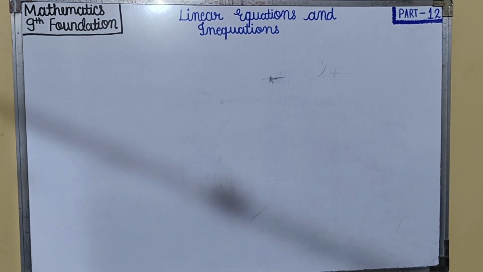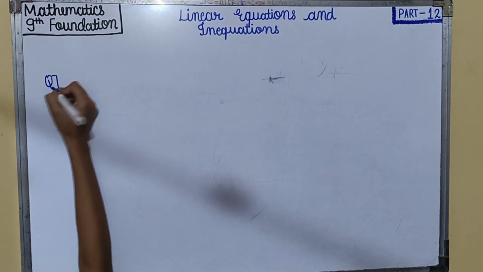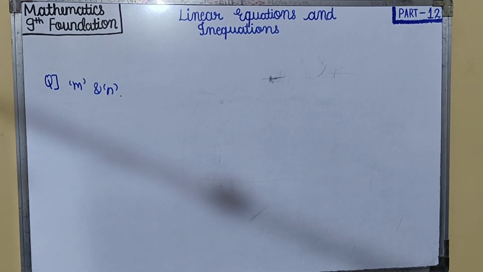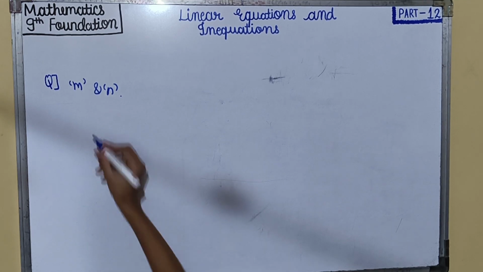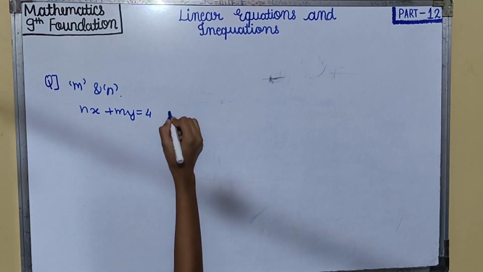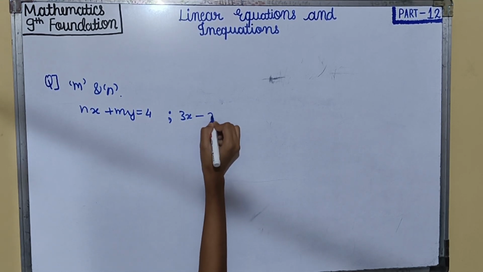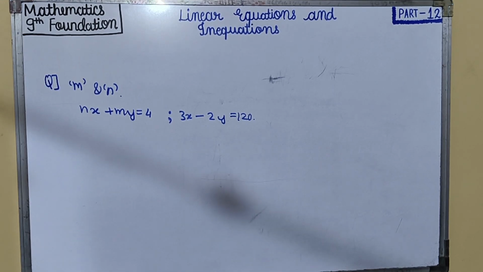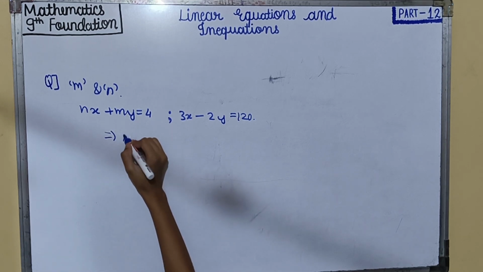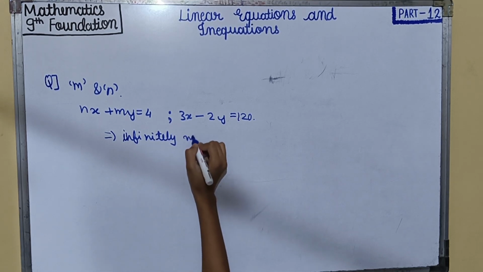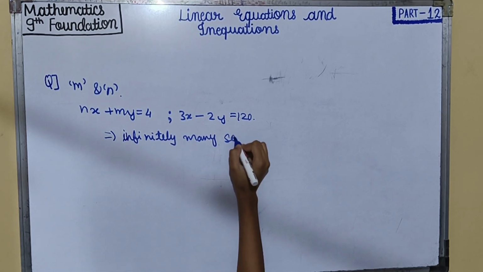Now the question is: for what value of m and n do the equations nx plus my is equal to 4 and 3x minus 2y is equal to 120 have infinitely many solution sets?